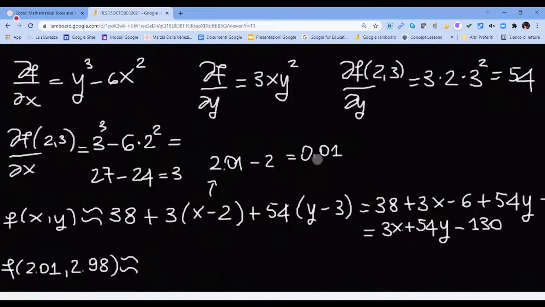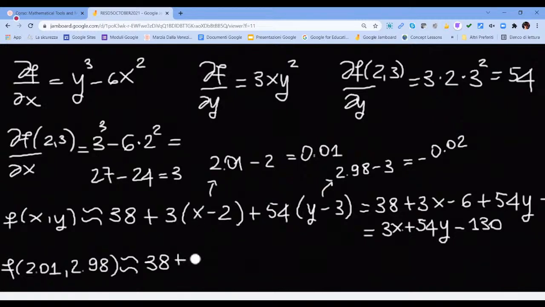That means 1/100th. And 2.98 minus 3 is very small but negative. It is minus 0.02. If we compute this, it is the very same, but we have already substituted the very small values.